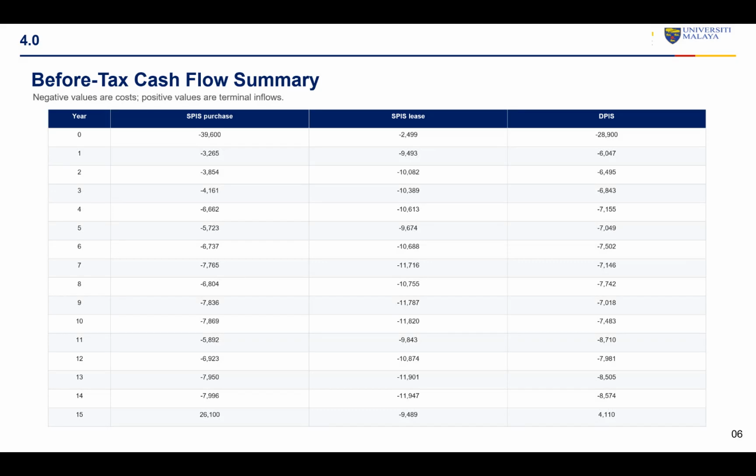For DPIS, the annual cash flows include O&M, insurance, and miscellaneous costs, and year 15 includes the salvage value. These cash flows are used for the before-tax present worth and incremental ROR calculations.